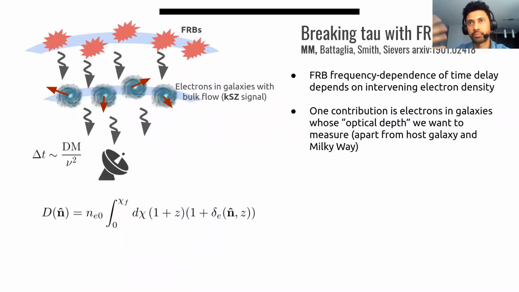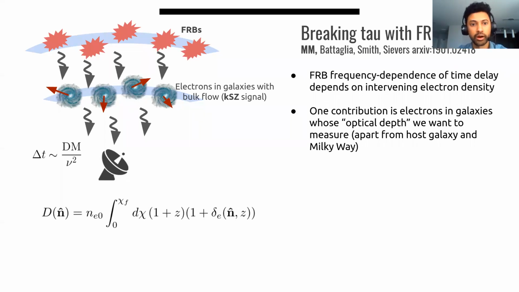The essential idea that we're putting forth in this paper is that if you're trying to measure the amplitude of the growth rate using the kSZ reconstruction, whose amplitude you're uncertain about, you're using a certain sample of galaxies to cross-correlate with the CMB, and you don't know the electron distribution in those galaxies a priori. So it's an astrophysically uncertain quantity.